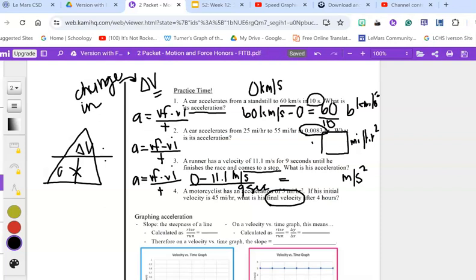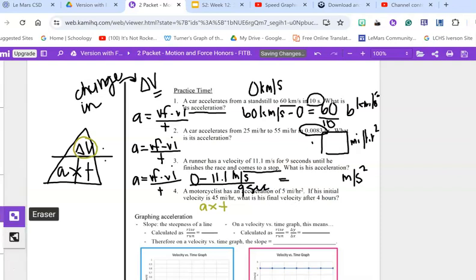I've got acceleration and time. Now, when I'm going to solve for final velocity, what I'm solving for is this unknown. So I'm going to set up my acceleration times the time. I covered over that. Give me a second.